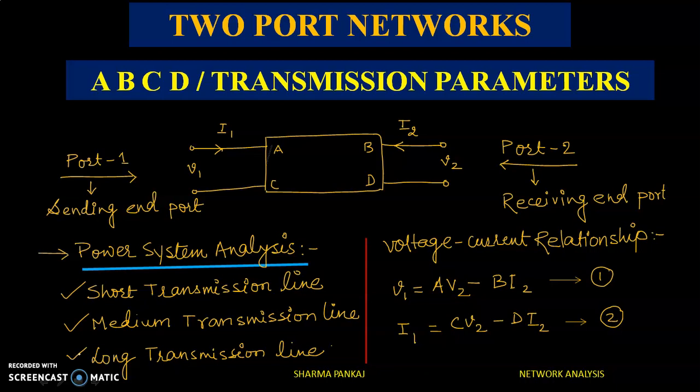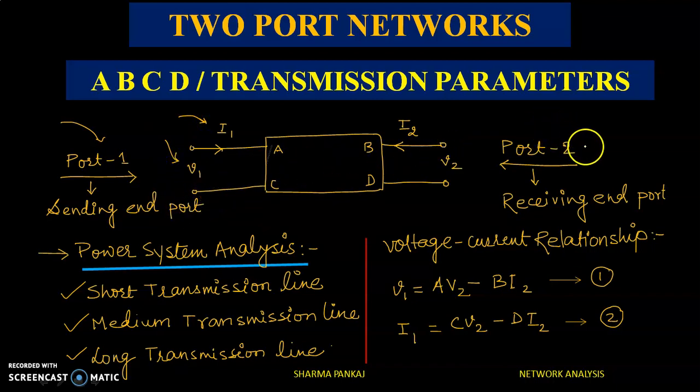Now coming back to ABCD or transmission parameters. In power system, port 1 is called the sending end port, and here we have the current parameter I1 and the voltage parameter V1 defined.